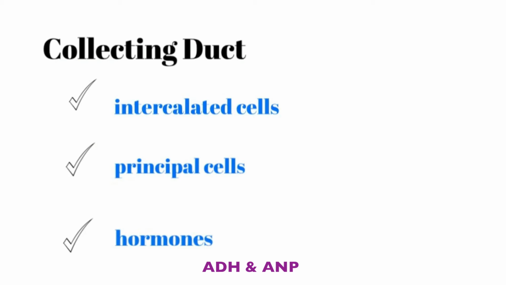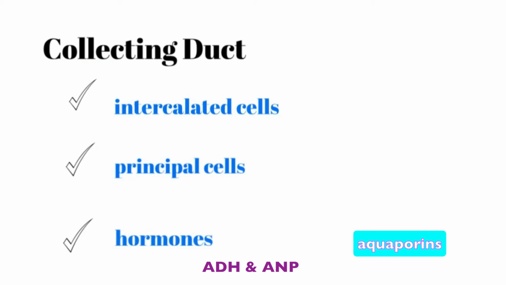So the release of ADH from the posterior pituitary is going to stimulate the reabsorption of water through water channels known as aquaporins within the simple cuboidal cells of the collecting duct, specifically the principal cells of the collecting duct. Now, to be clear, conditions change throughout a day or throughout a week or month or a person's lifetime.